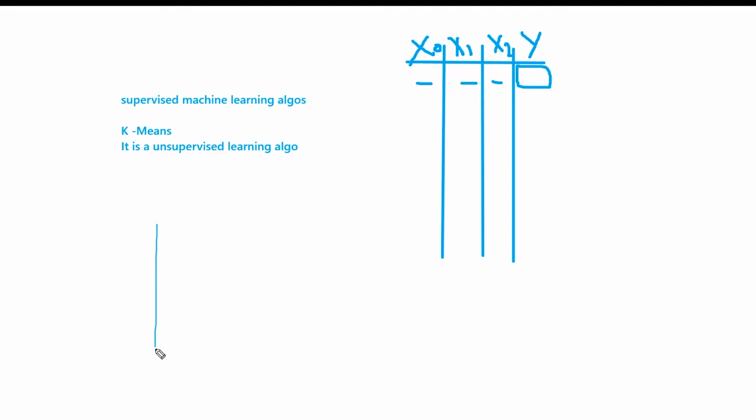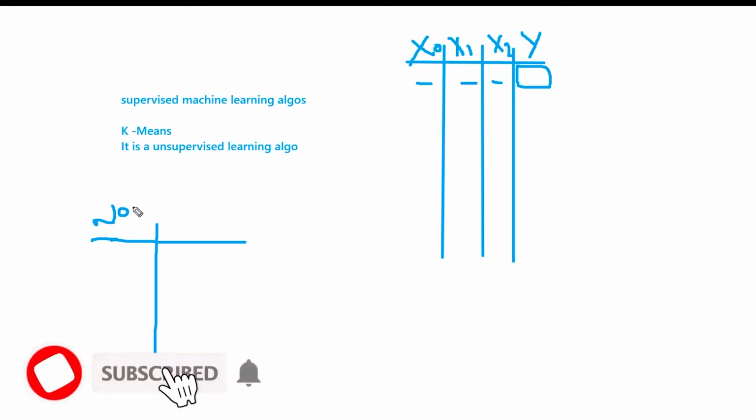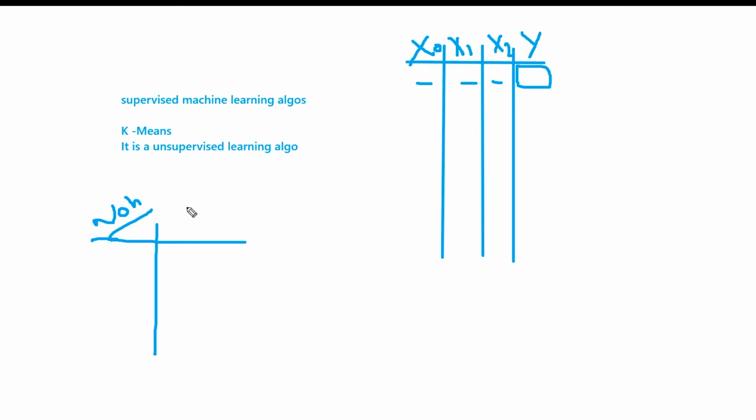If we want a simple example, let's suppose we are taking the percentage or marks data. Here we have the number of hours that we studied, and in this part we had the output, that is the percentage of marks that we got.